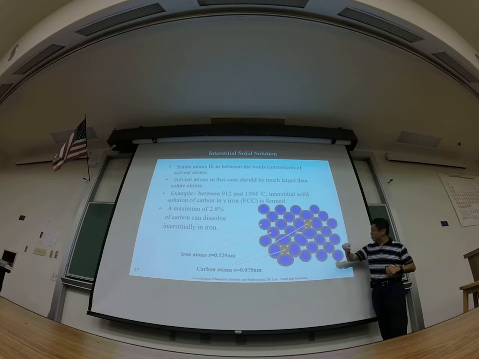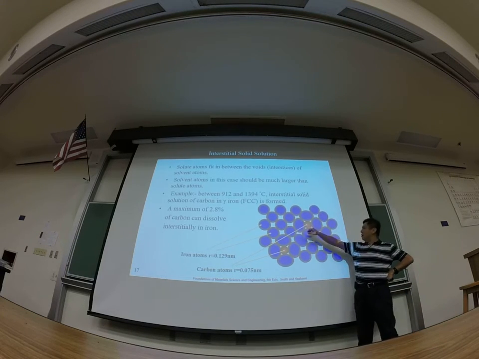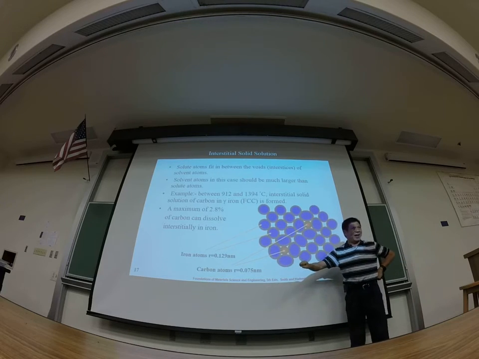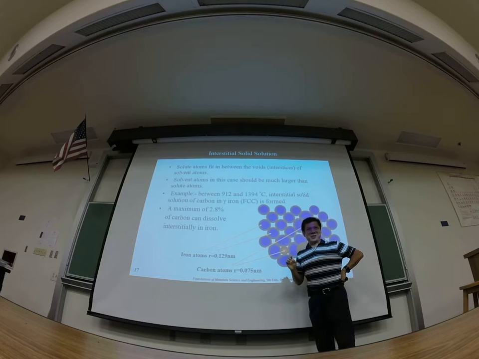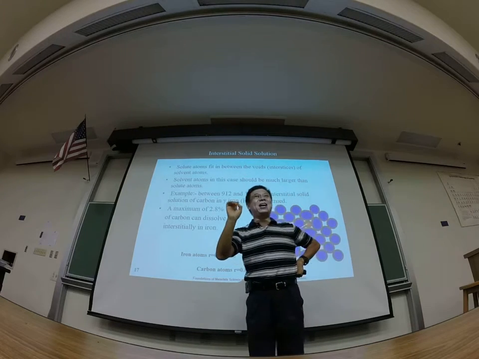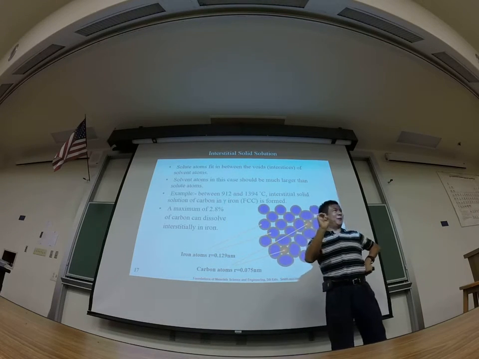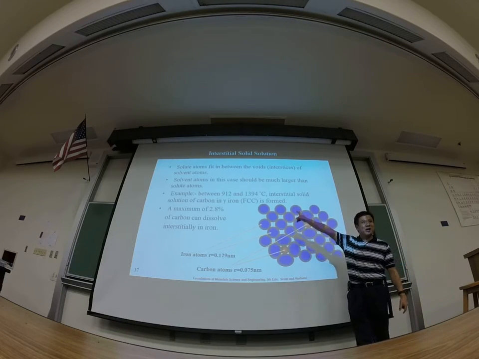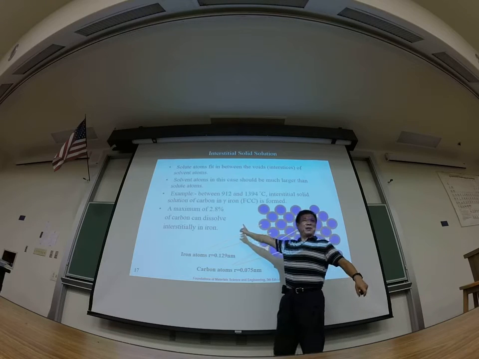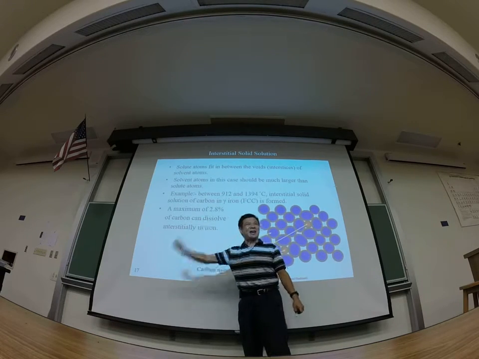And one thing I want to mention, you can easily calculate the interstitial volume. You can find the size of the atom that can perfectly fit into that space, because we know the FCC structure, right? Based on what we learned in chapter 3, we should easily calculate that.